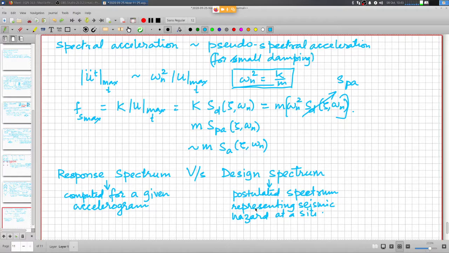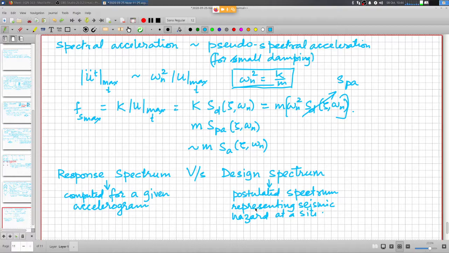a far field earthquake, it may be a near field earthquake, and a very large earthquake occurring at a slightly larger distance might have some significant contribution coming in the long period range, and a moderate earthquake occurring at a short distance might govern the short period range.